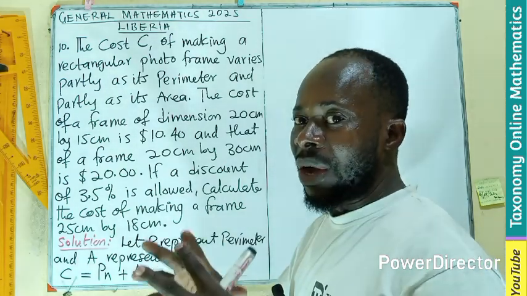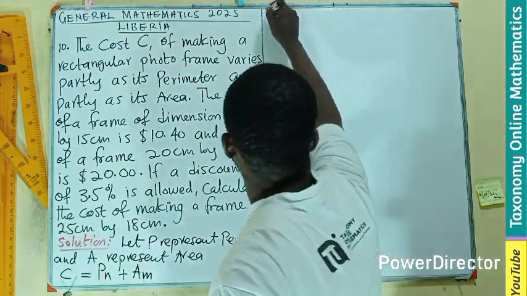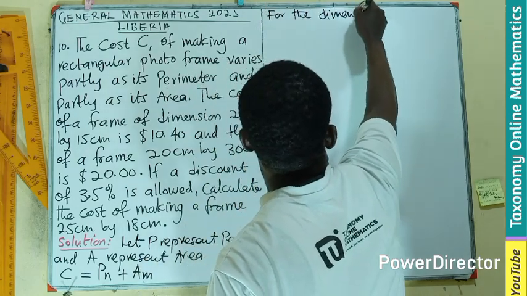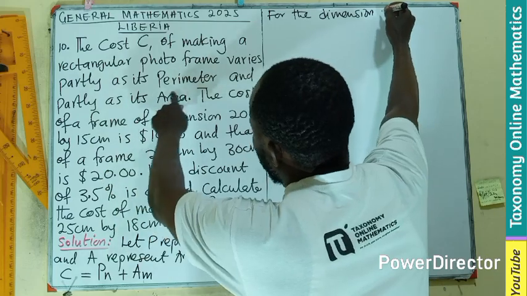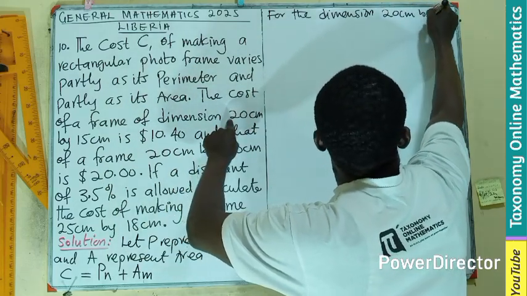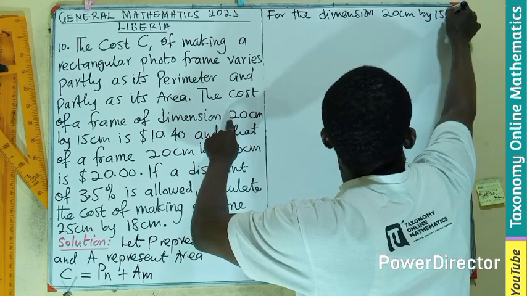But the P is not given to us as a whole number, so we pick the dimensions. The first dimension of the photo frame is 20 centimeters by 15 centimeters.